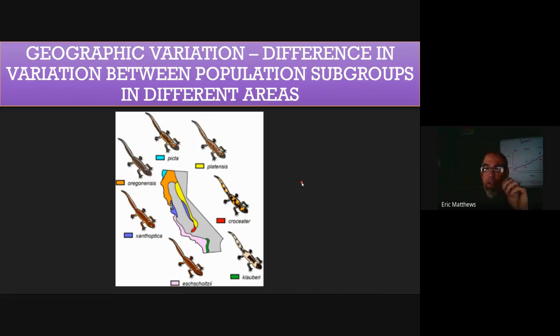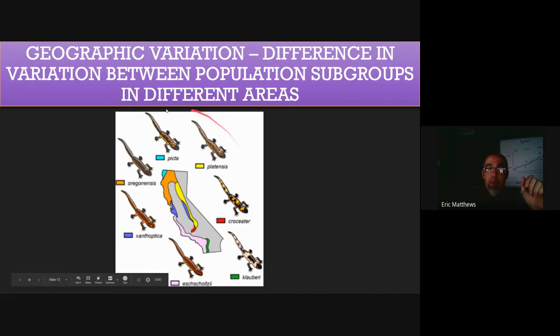Now, these variations, these differences, this push towards a new form due to natural selection can have some really fantastically interesting effects. So what you see here is the California salamander. Each area is color-coded for what version you find in that area. But what is most interesting is that they are all the same species.